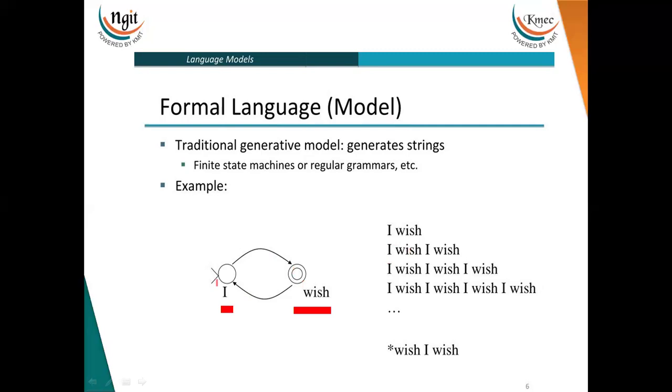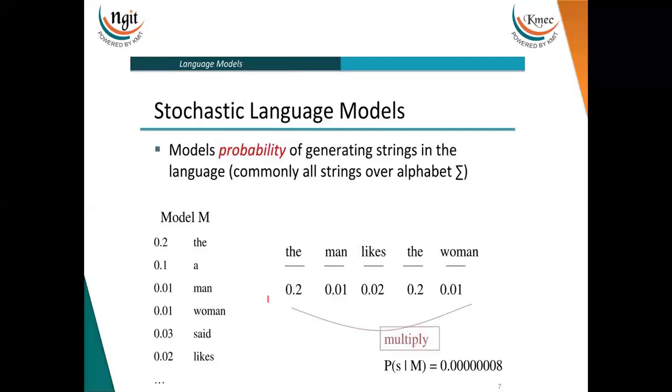I can even come back from wish to "I" again, so this process will be repeated. In some cases, the user wants to find out which "I wish", and whether it exists in your document or not, you can find out easily using the finite state machine. So this is the main idea of the language model.